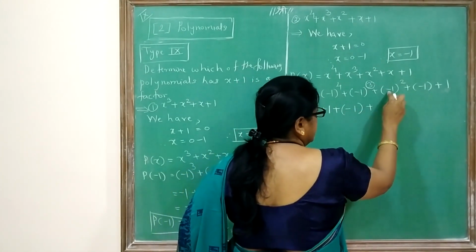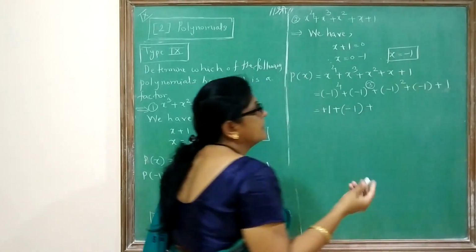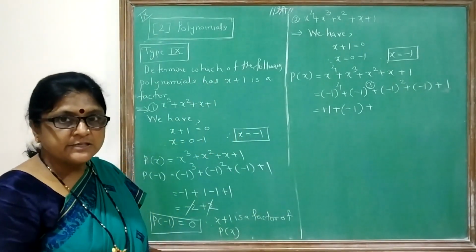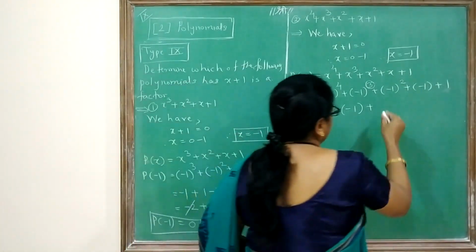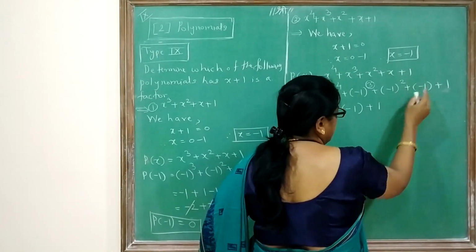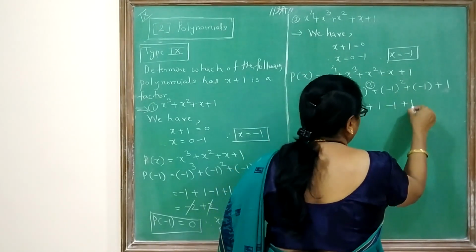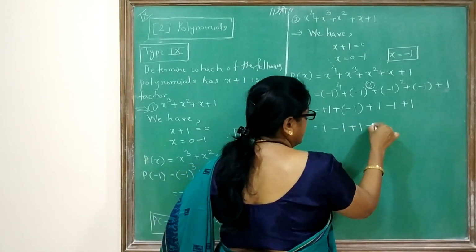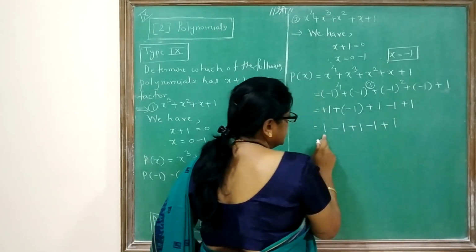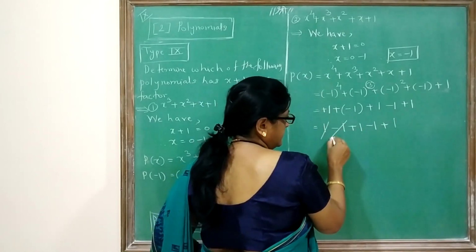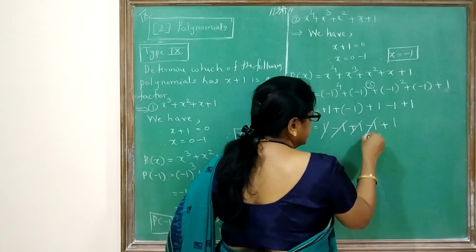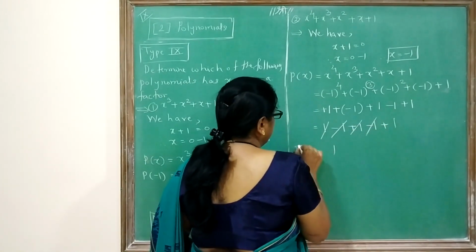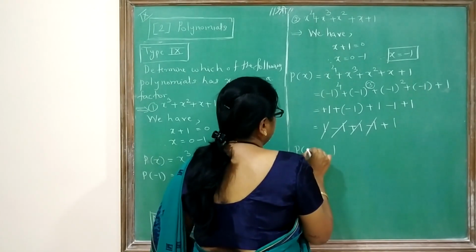Then plus here minus 1 square, that is plus 1 because here power is even. Then you will get plus 1. Then here 1 minus 1 plus 1 minus 1 plus 1. This 1 minus 1 will be cancelled. This 1 minus 1 is also cancelled, and your remainder is 1.